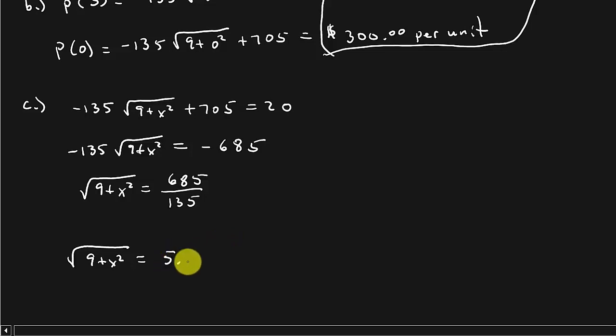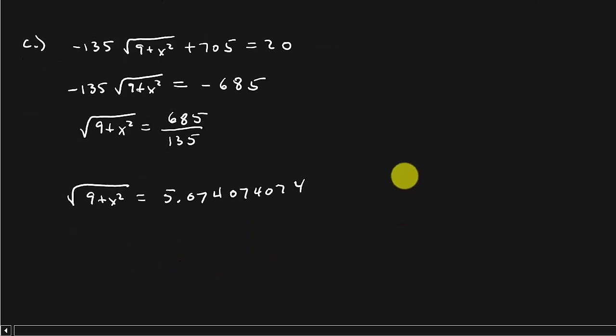It's actually 5.074074. And then we square both sides, so that's 9 plus X squared, and if I square that, I get 25.746 and more decimals, so we'll round this to 25.75.